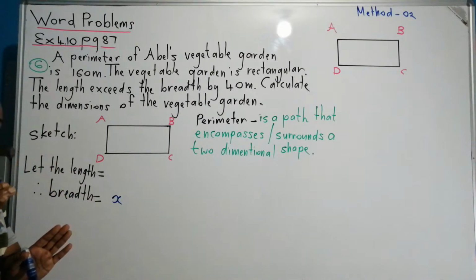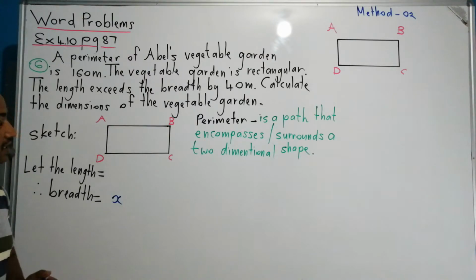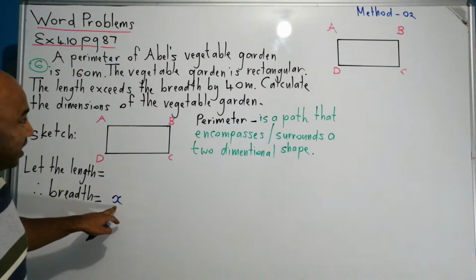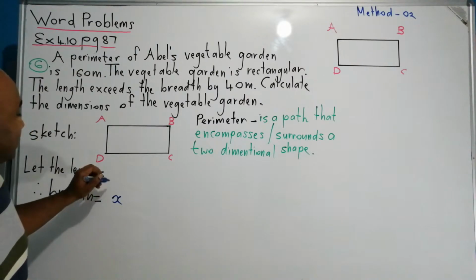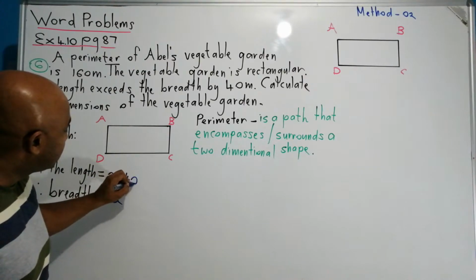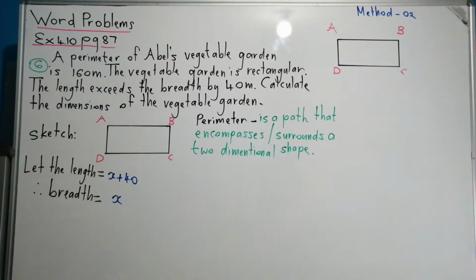So that will be 40 plus 20, which is 60. So in terms of whatever the value of the breadth is, the length is going to be x plus 40. So we are defining the length as x plus 40 and the breadth as x.